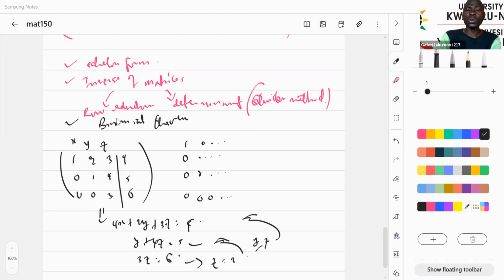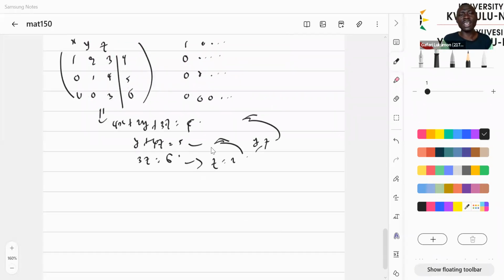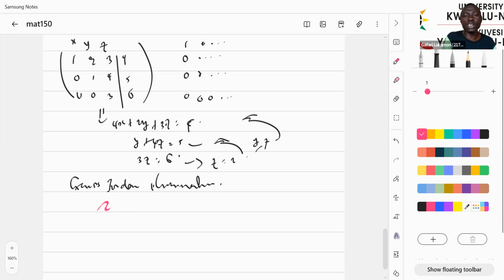Sorry, guys, I'm back. So that's one of the advantages of row-reduced echelon form. Another advantage is that you can use your Gauss-Jordan elimination method, so that at the end of the day, what you reduce would be of this form: 1 0 0, 0 1 0, 0 0 1.